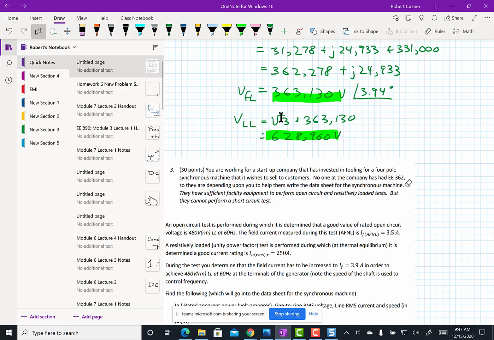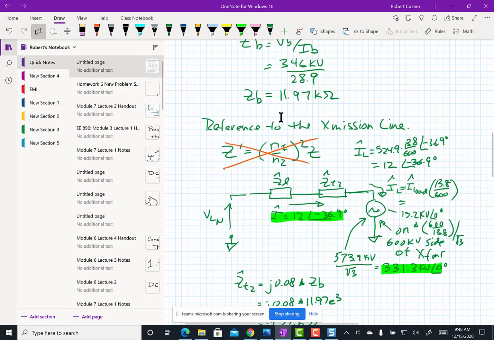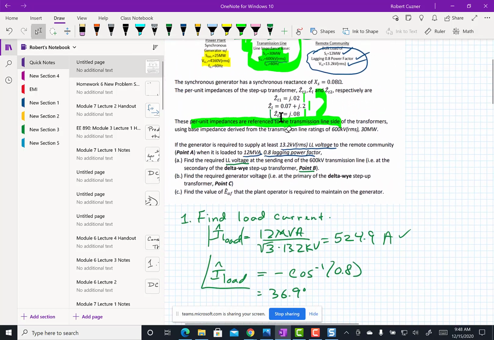Okay, is there any other questions so far? The reason we picked the base value is because they gave you a reference to the transmission line, so that would tell you where to do your base.